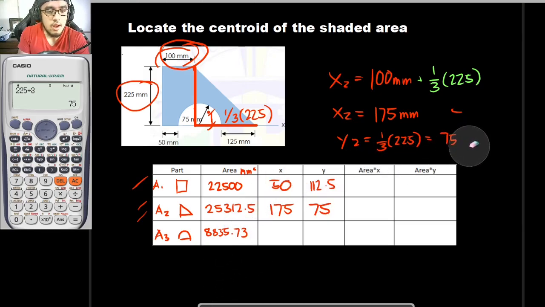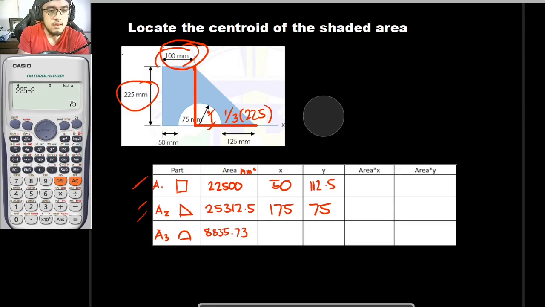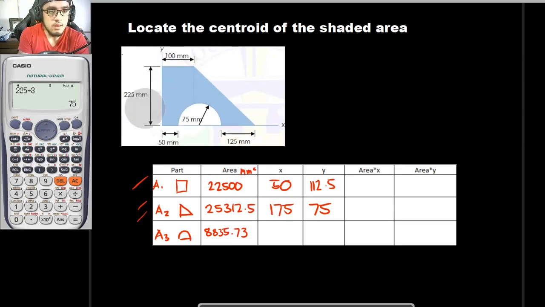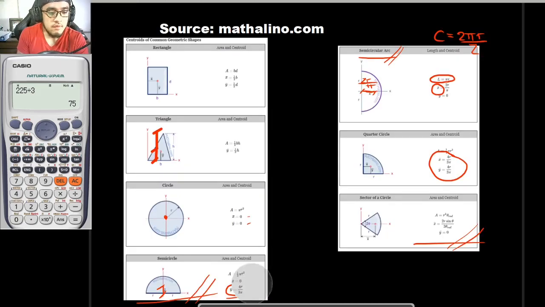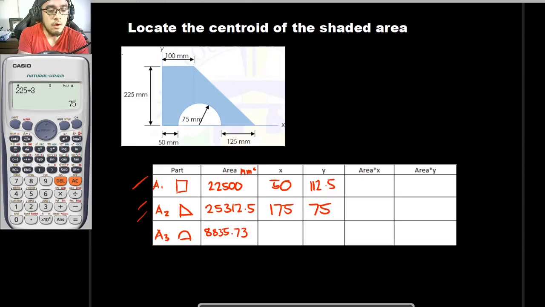And for our A3, our A3 would be this semicircle right here. For the value of y, the centroid of the semicircle is 4/3 r divided by pi. So for bar y, this location right here, that is 4/3 r divided by pi.